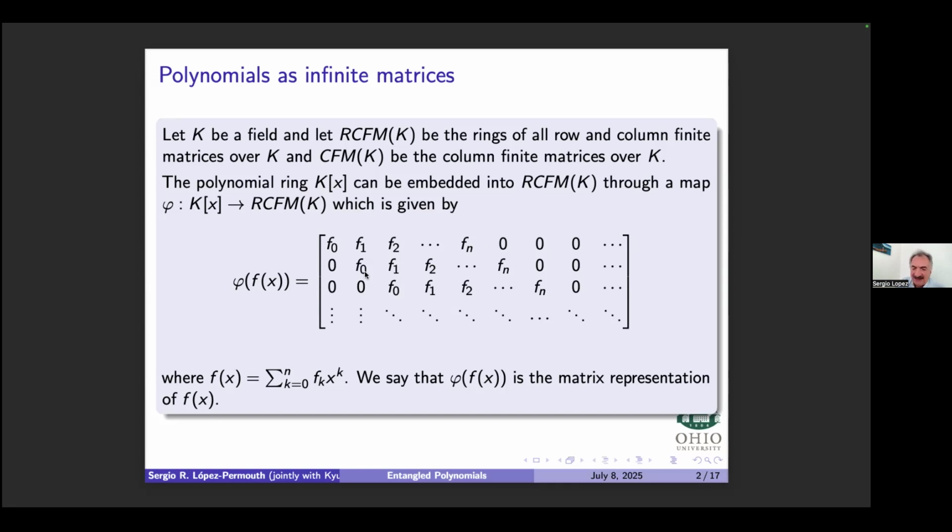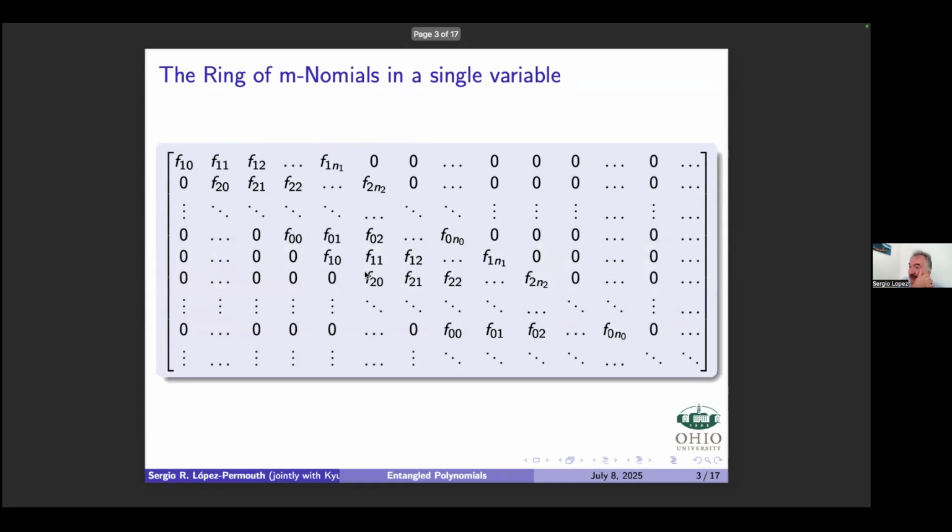But so this makes sense. And one day we were thinking, what if instead of taking one polynomial, you take several polynomials, 2 polynomials, 3 polynomials, or whatever, n polynomials. Then you could take your first polynomial, f1, and put its coefficients here. Then you take the second polynomial, f2, put its coefficients here.